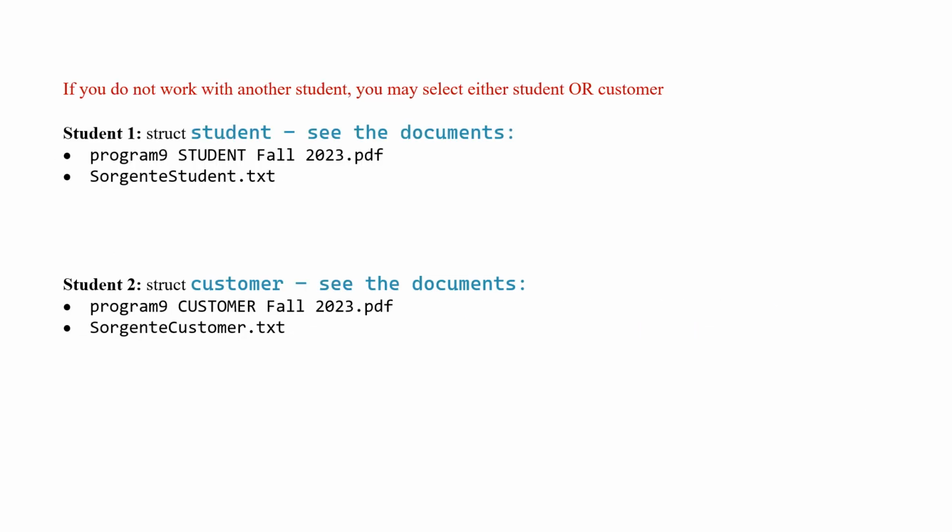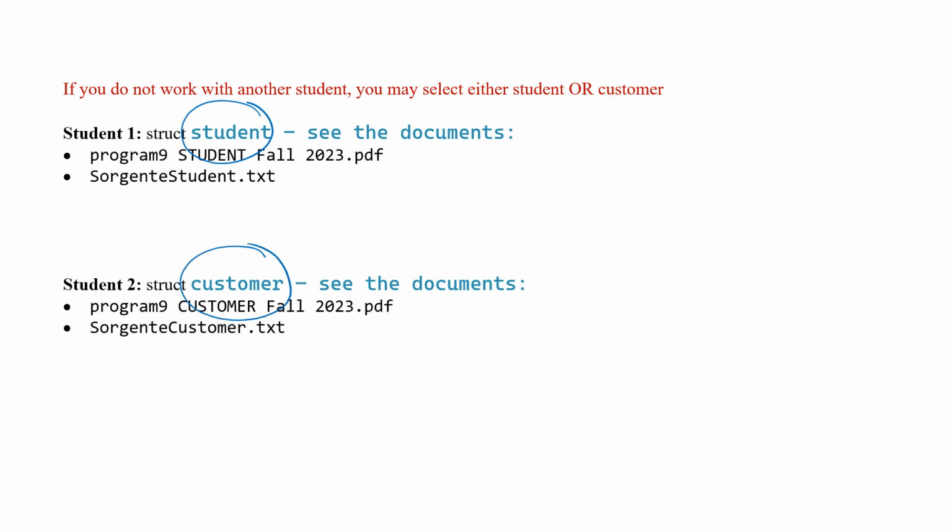All right, so the two options are you could either do student or customer. Student is based on program 5. There's this video for overall instructions, and then there will be instructions for student and instructions for customer.